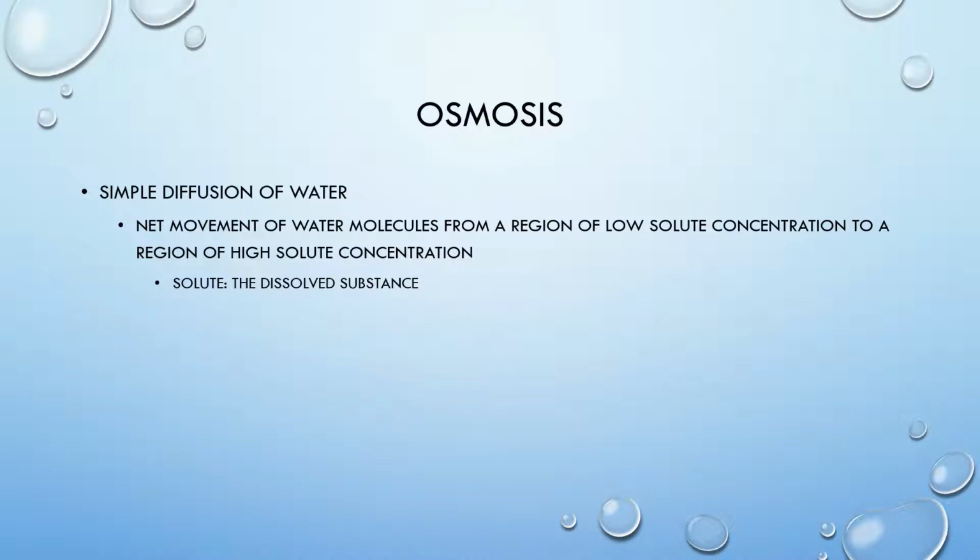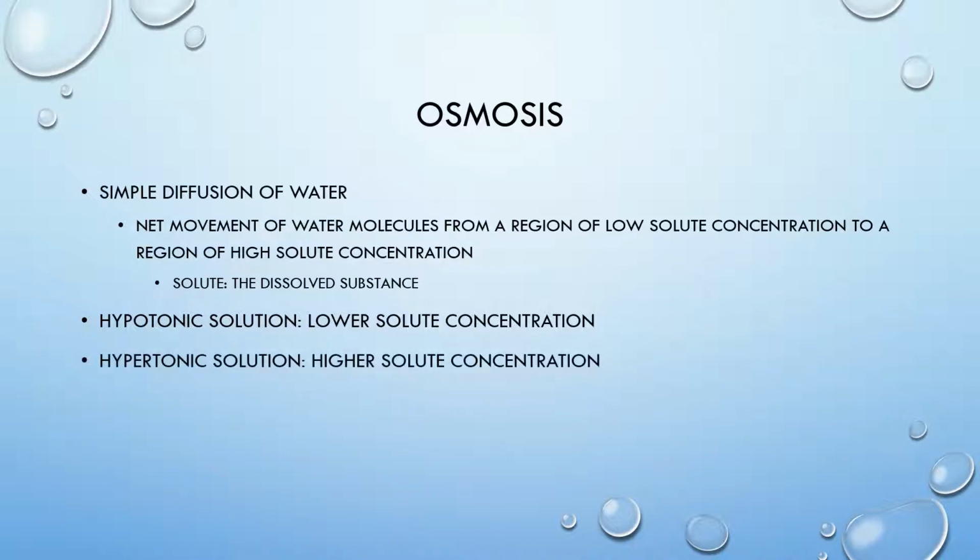So let's say salt water. The solute is salt, and water would be called the solvent. A hypotonic solution refers to a solution with a lower solute concentration. A hypertonic solution refers to a solution with a higher solute concentration.